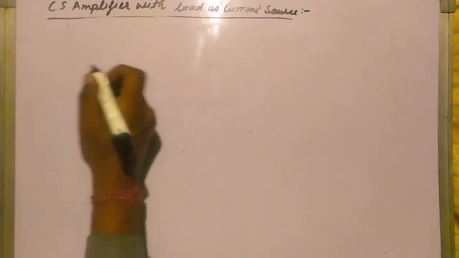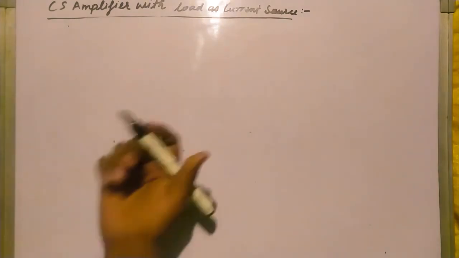So for making the current source, can we use NMOS for that or PMOS? Let's see.